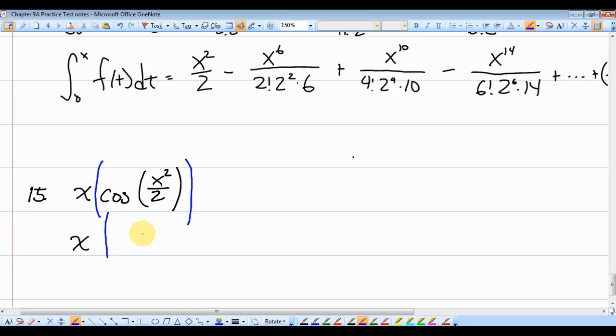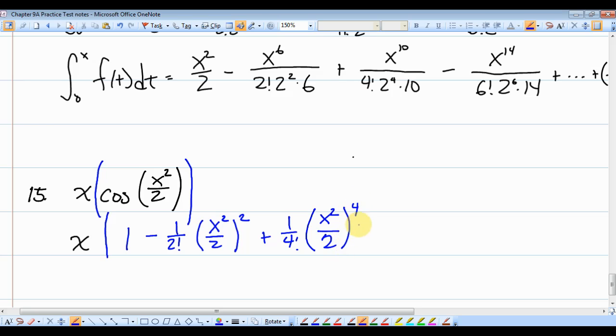Those are the even power terms, so 1 minus 1 over 2 factorial, don't forget the factorials, x squared over 2 squared, plus 1 over 4 factorial, x squared over 2 to the 4th power.